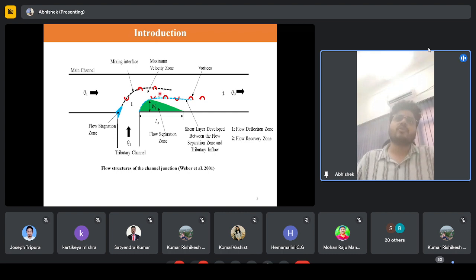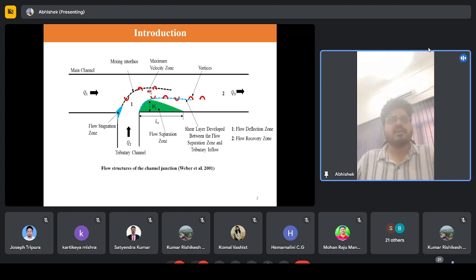These are the characteristic flow features, which are very general, and you can find them in a wide range of confluence problems. Depending on different parameters like the flow conditions that you are imposing on the two channels, and the junction angle and the junction planform, this will govern the shape, size, and other features of this flow.